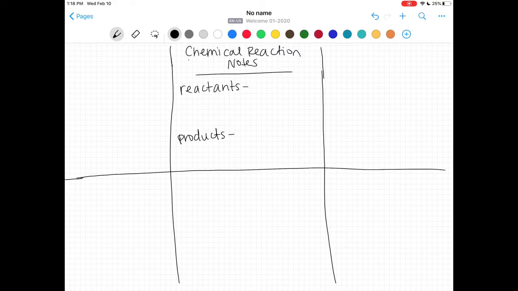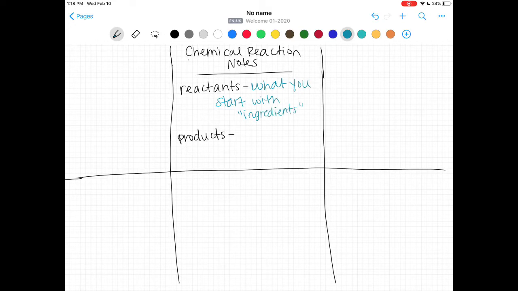Okay, so in any chemical equation, which you saw in the simulation, you always have reactants, right? And reactants is what you start with. These are like the ingredients for a recipe.